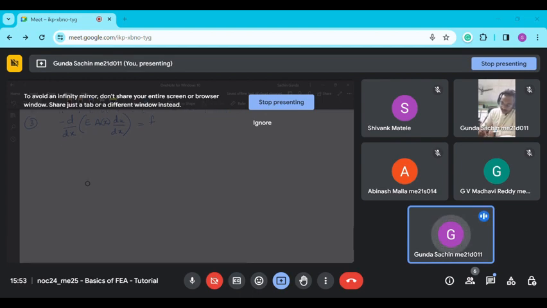So for this we multiply the error with the weight residual function. In this case, error is nothing but minus d by dx of EA du by dx minus f. This is the error, and then you are multiplying it with the weight function and then integrating it over the whole domain, that is 0 to 2.